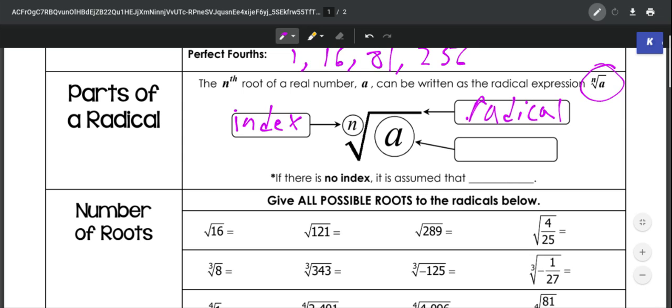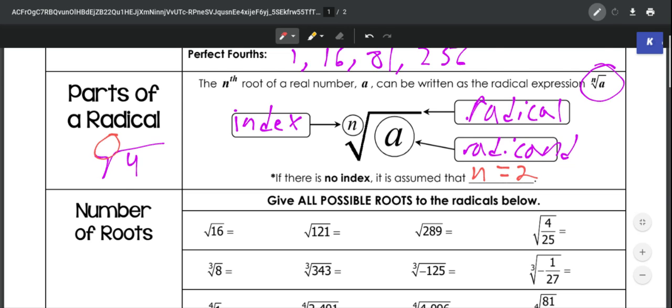And then whatever is inside of our square root, that's called a radicand. But you'll probably just hear me say whatever is inside the square root. So say that we just have the square root of 4. There is no number written here. That just means that our index is understood to be n equals 2. That's just a normal square root. It's understood that our n in that case is equal to 2.